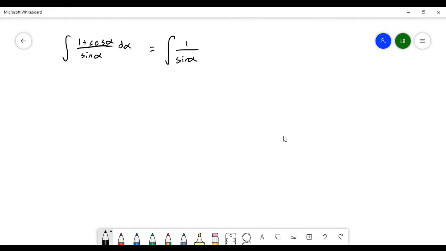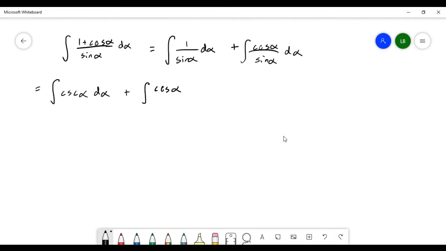So I'll just rewrite that like so. And if we continue to simplify, 1 over sine is cosecant. And then we would have still the integral of cosine alpha over sine alpha.